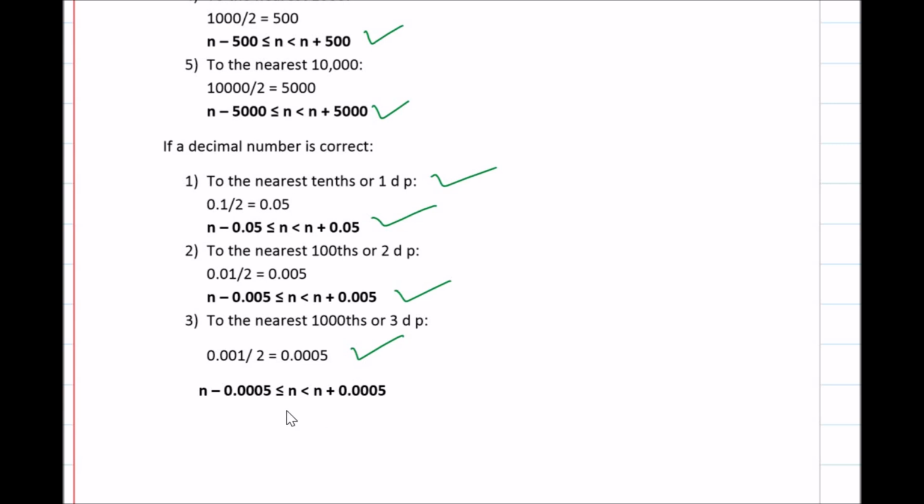Then subtract 0.0005 from n and add 0.0005 to n, and this gives us the upper bound. So these are the rules. Now we'll see how to apply these rules in the problems.